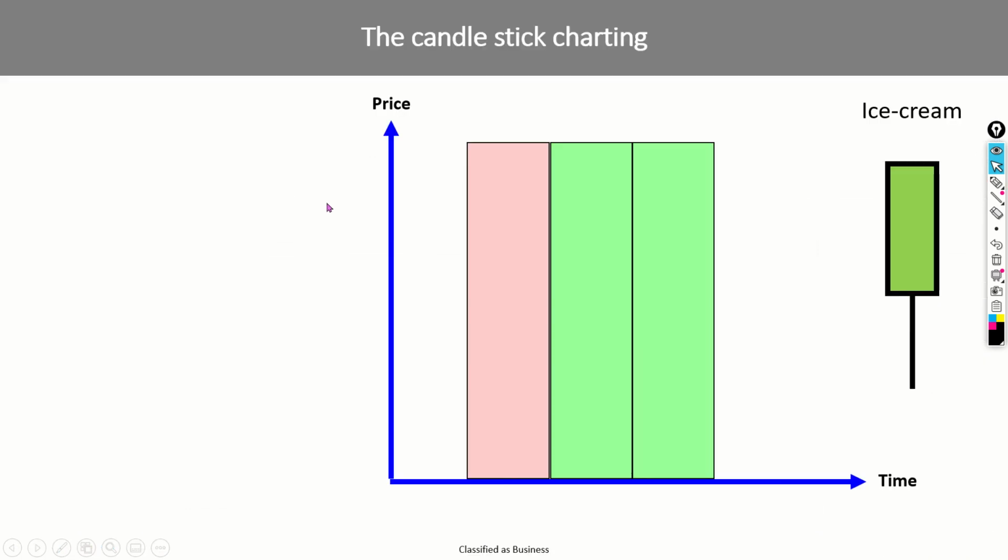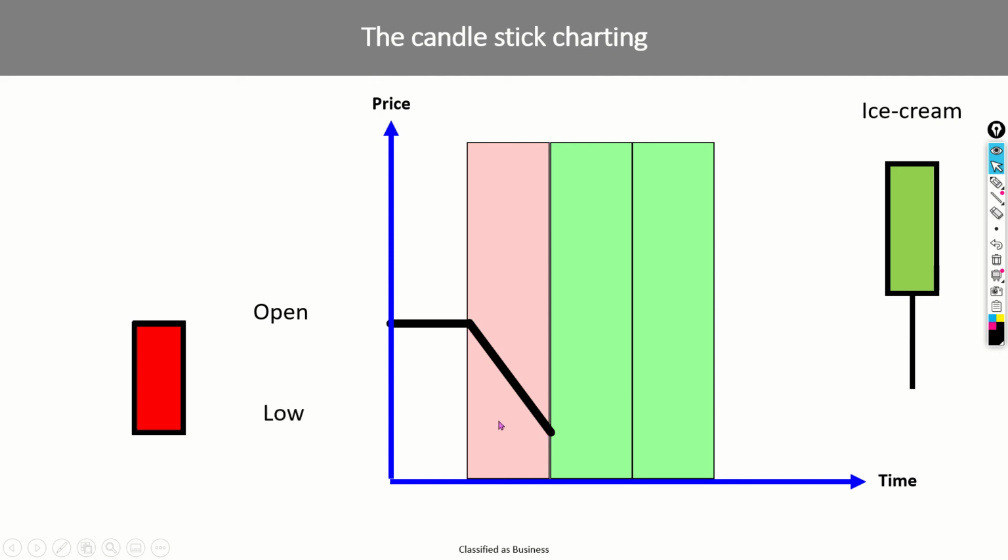And this is how it is formed. Price opens at this area. Imagine the day starts the session. Immediately it gets rejected by the bears, or people are taking profit, so the price goes down. And when price goes down to a low, it couldn't go down anymore, and there's a lot of bulls buying here.